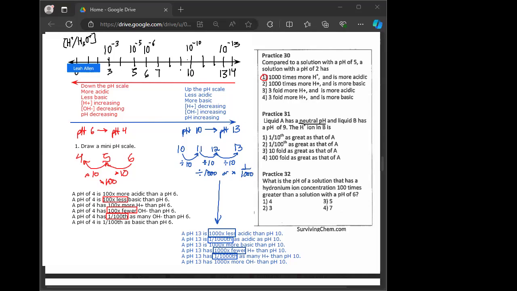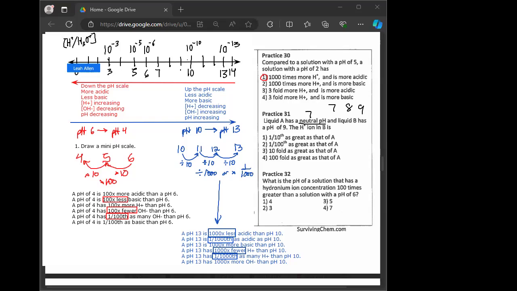What number is it? The neutral pH is going to be 7. Yes. So 7, 8, and 9.